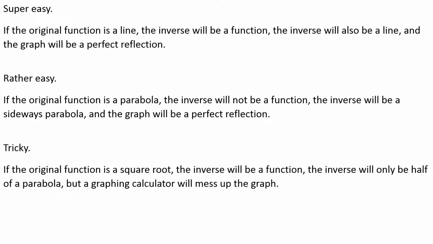It's going to be a sideways parabola, but the graph will look like a perfect reflection. Now, the tricky part, if the original function is a square root, the inverse is going to be a function, but the inverse should only look like half of a parabola. And if I use a graphing calculator, I'm not going to see that accurately.